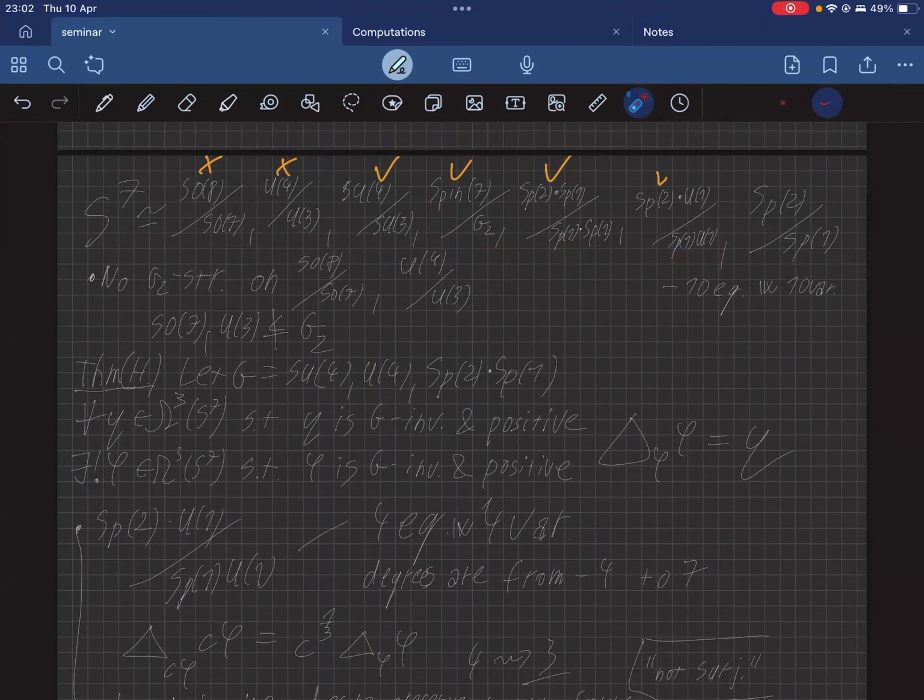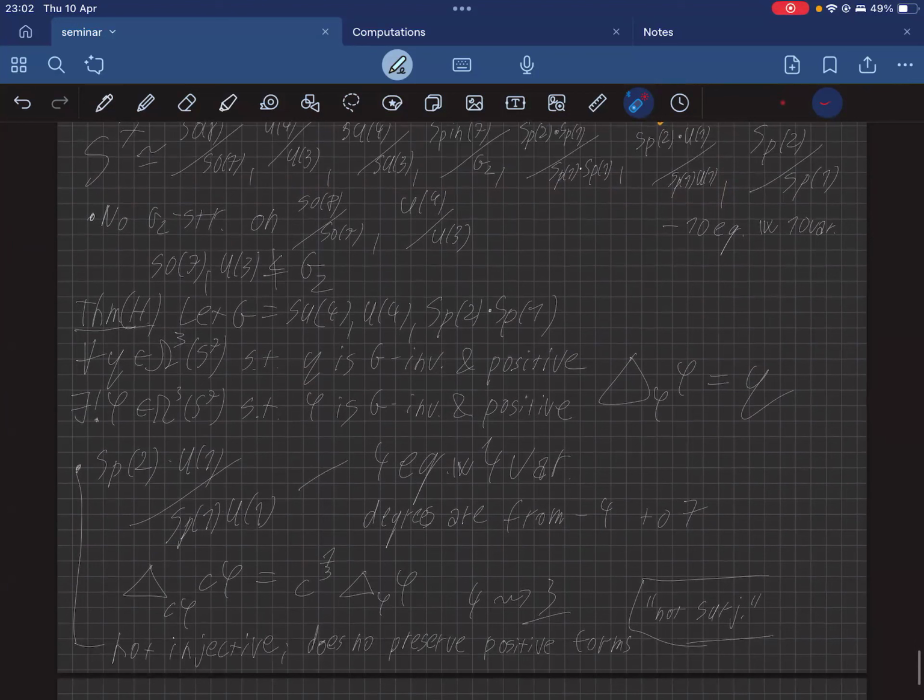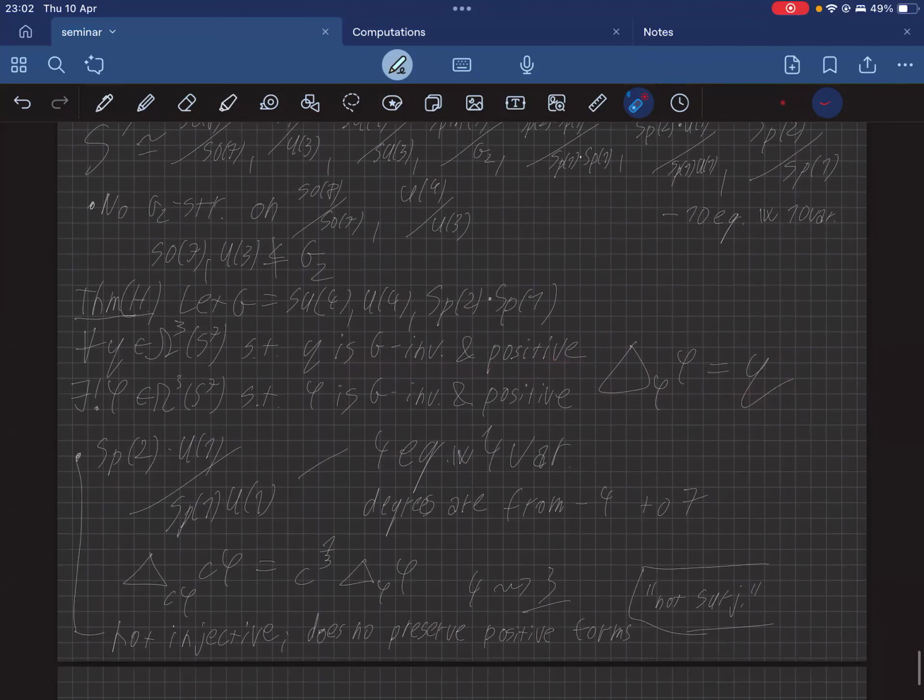And given the positive 3-form, it gives you a metric and an orientation. The metric and orientation give you the Hodge Laplacian, and that gives you this whole operator. And you're essentially solving for any mu on the right hand side. And it turns out that you have a solution and it's unique if and only if the right hand side has the same level of invariance as your form, and it's also positive. Does that answer the question?